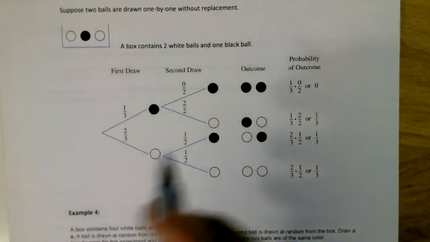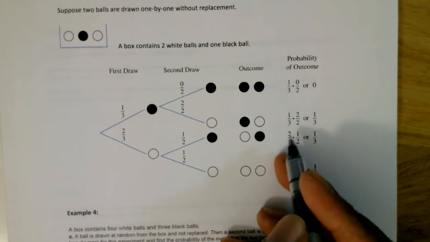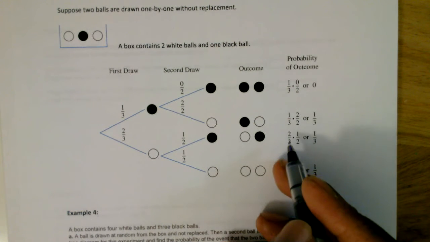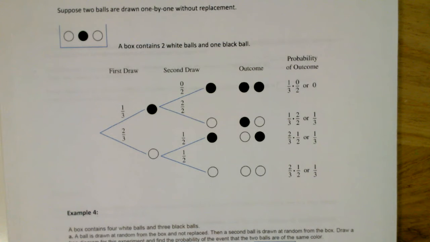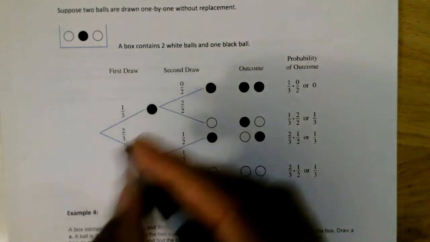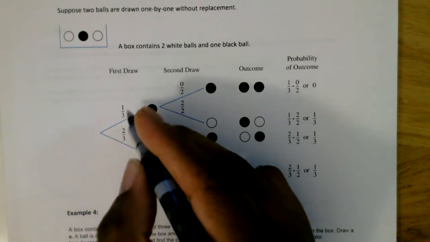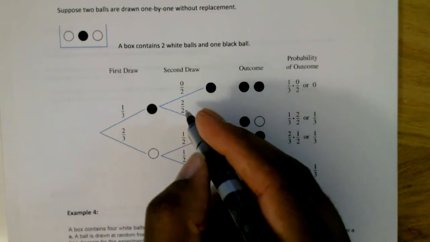And then the probability of a white and a black, 2/3 times 1/2 will be 1/3. And then finally, drawing 2 white balls, that probability will be 2/3 times 1/2, which will reduce to 1/3.